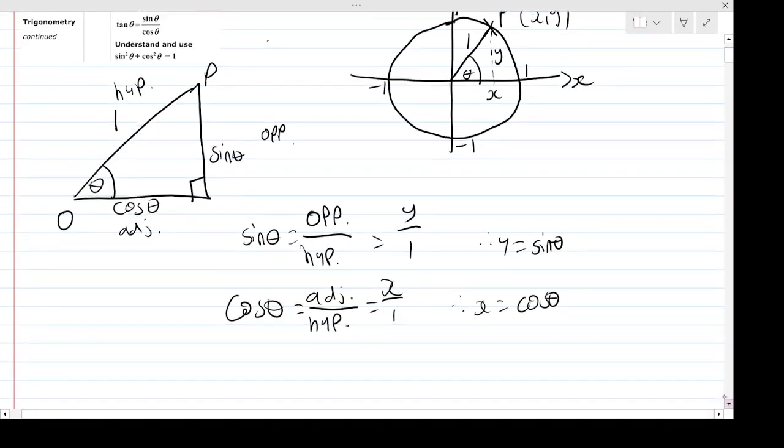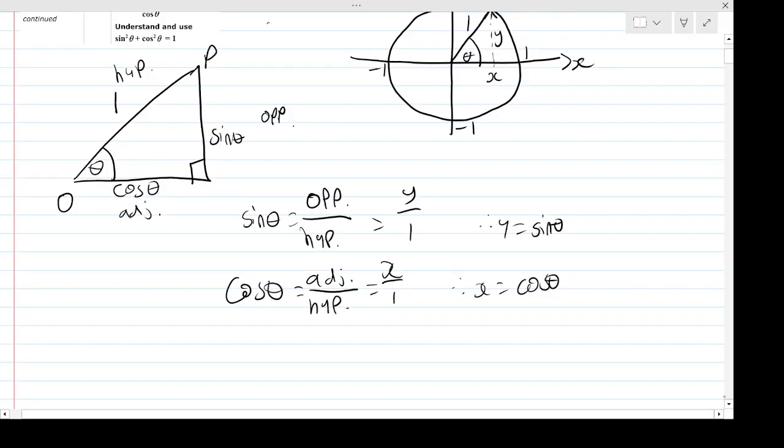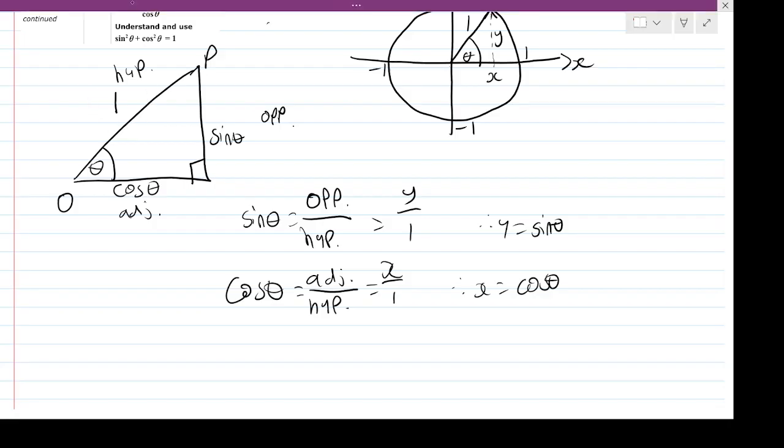Now, what else can we do with this triangle? Well, firstly, I notice because it's a right angle, I can do Pythagoras, because now I have all three sides, right? I have cos theta, sine theta, and 1.